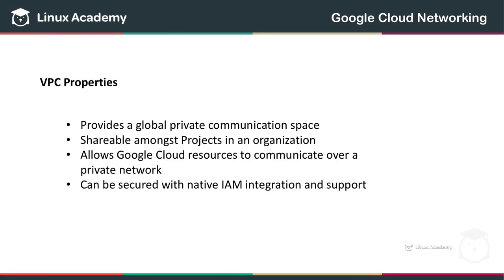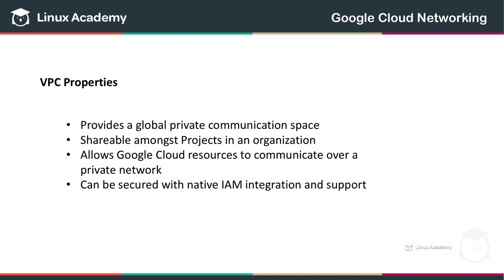VPC properties. It provides a global private communication space. So like I said, no matter where your resources are in Google Cloud's infrastructure, they'll be able to communicate with each other in a private manner over this VPC network. It's shareable amongst projects in an organization, so you can actually span a VPC across projects in your organization.